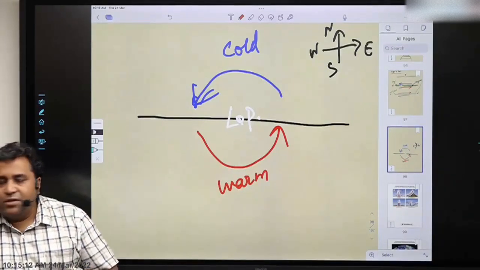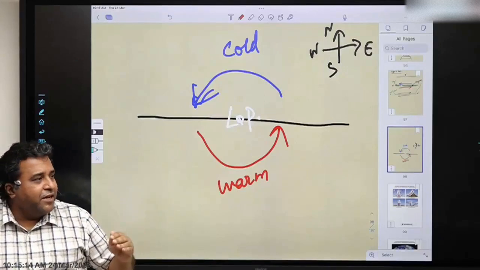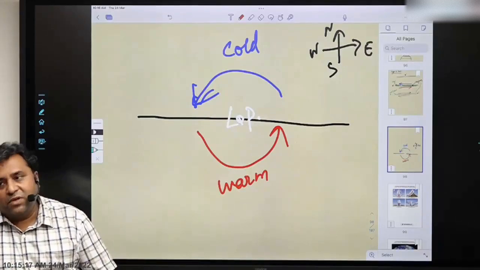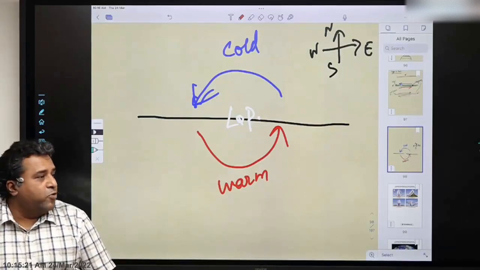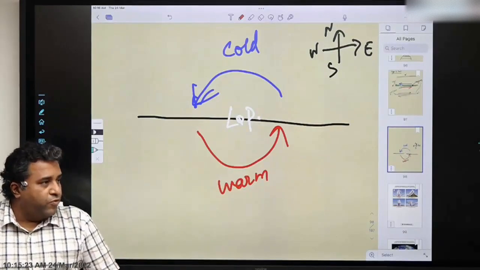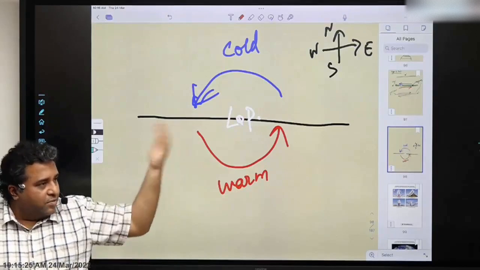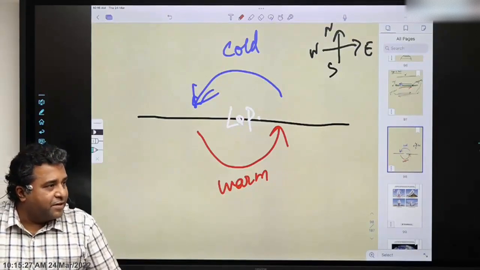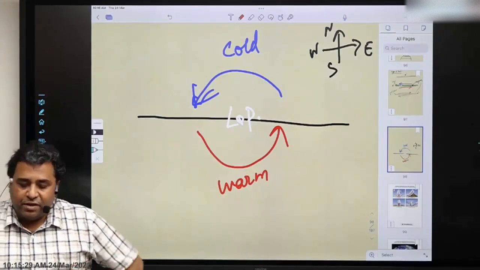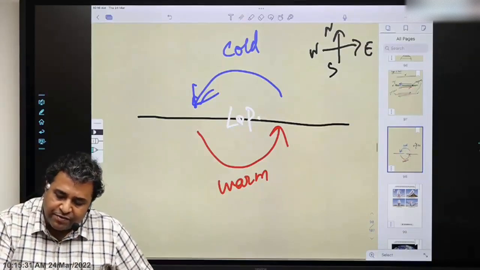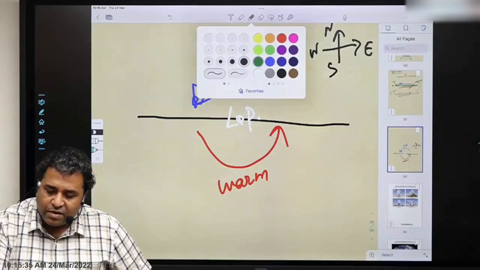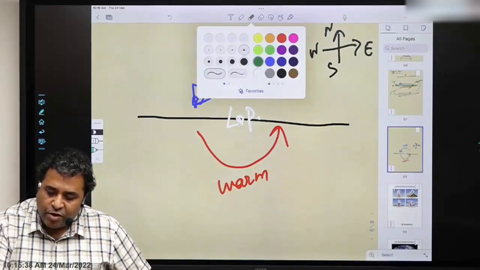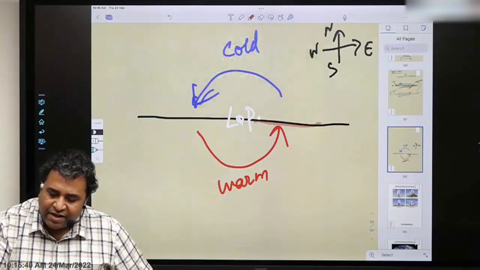दिख रहा है? So now will the front remain stationary or will it be moving now? It will start moving. The stationary front, which was earlier not moving, will now start to move. Why? Because now the winds are pushing into each other. आ रहा है समझ में? ठीक है. So when they start moving, where the warm air mass is pushing, we call that front as warm. उसको कौन सा front बोलेंगे? Where the warm air mass is pushing, we call that front as warm front.